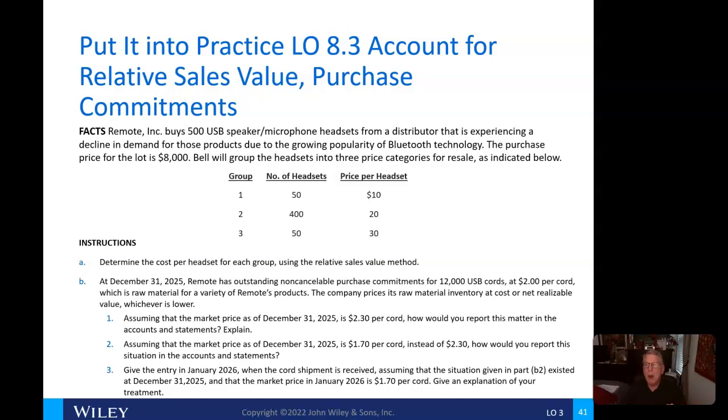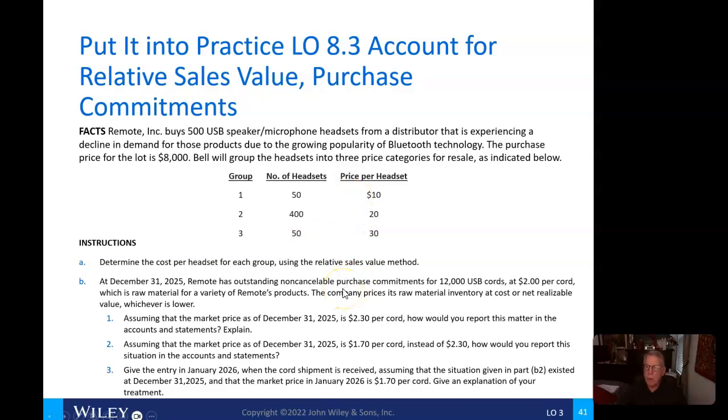The purchase price for the lot is $8,000. Bell will group the headsets into 3 price categories for resale, as indicated below. So here we have group 1, 2, and 3, the number of headsets, and the price per headset.